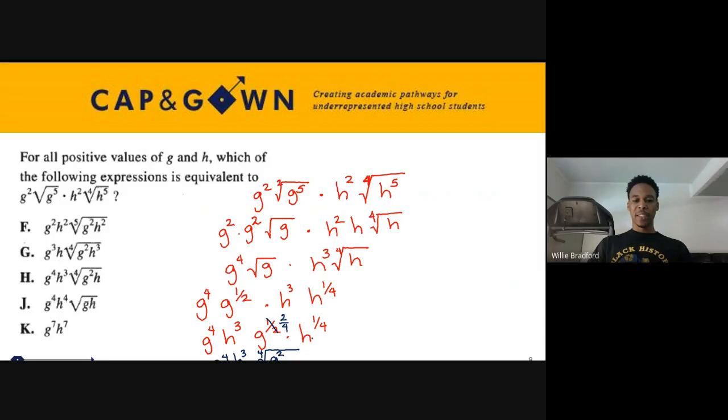All right, and then this is h to the 1/4. So that's just h. And let's see if h is our answer. Yes, it is. So h is our final answer there. That's a little bit longer. That's a question that you might see closer to the end of a test or middle of the test, but you do need to know your exponent rules.